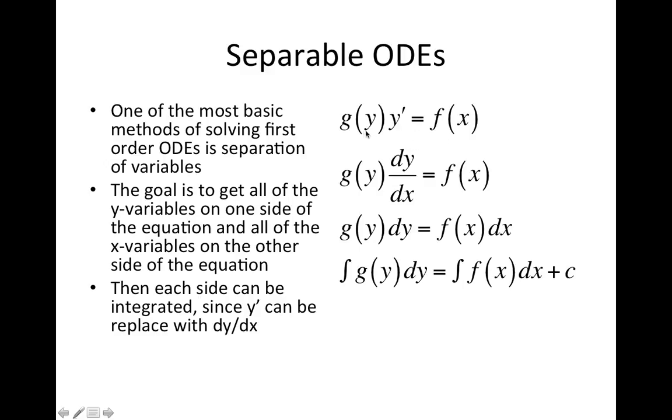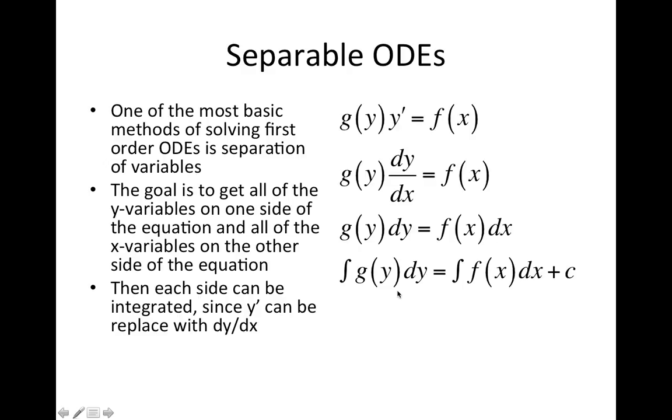We've gotten all the variables of y over here on the left-hand side. So this is some function of y times y prime, and then this is a function of x on the right-hand side. And then remember, y prime can be written dy/dx. Now we'll multiply both sides of the equation through by dx. So on the left-hand side we have g of y, some function of y, dy, and on the right-hand side we have f of x, some function of x, dx.